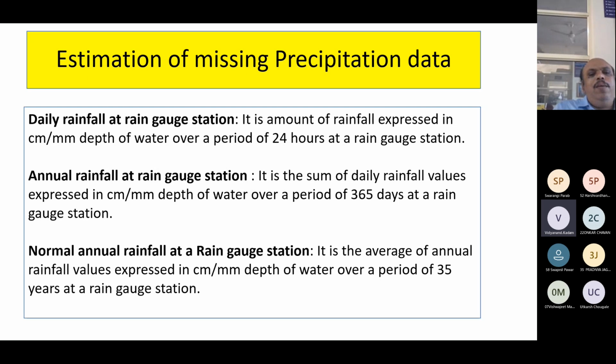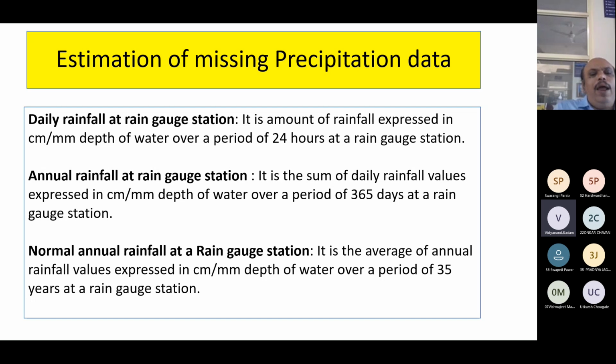Now there is a term, normal annual rainfall at a rain gauge station. What is normal annual rainfall? We know how the annual rainfall value is collected. When the annual rainfall value is recorded, a 35-year record is taken into account.